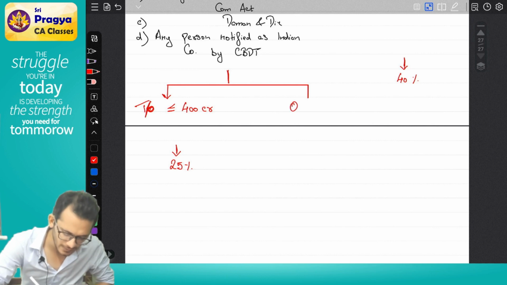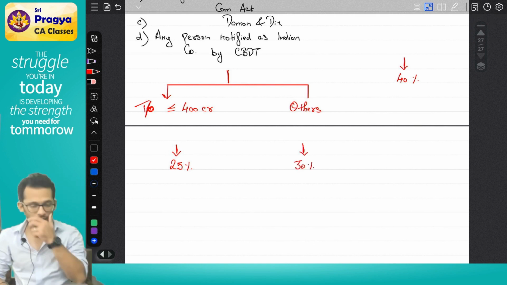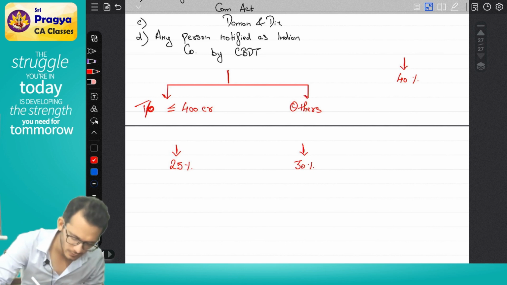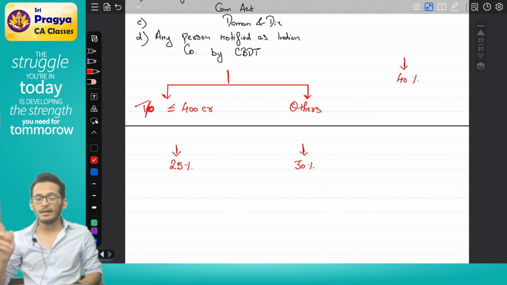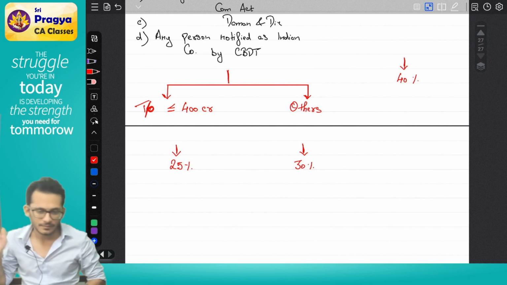If it is anything else, your tax rate will become 30%. Tell me once again: if your turnover is found to be less than 400 crores, it is 25%. If not, it will be 30%.